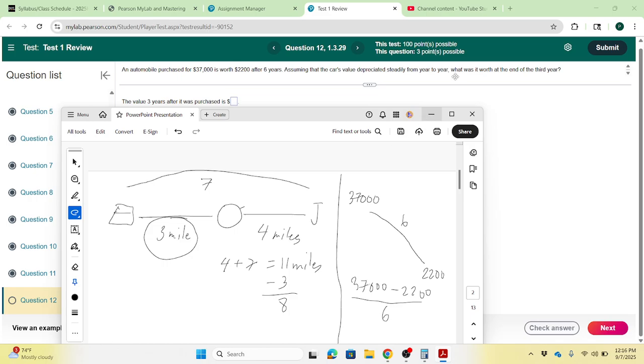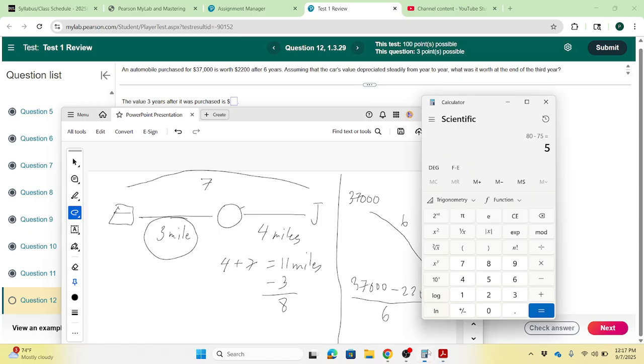So after 3 years, whatever number you get for average depreciation per year, multiply it by 3. So I'm going to subtract 2,200 from 37,000 and divide that by 6, and that's the average depreciation per year.